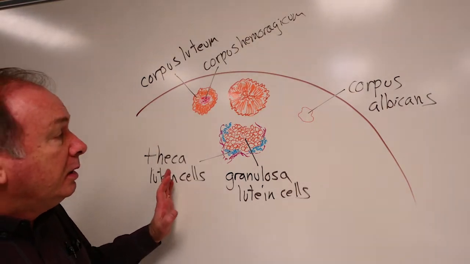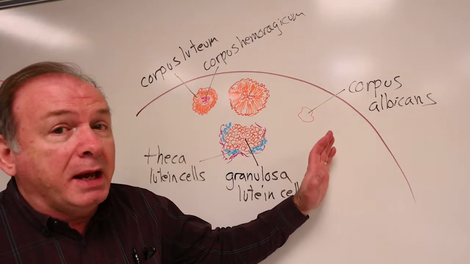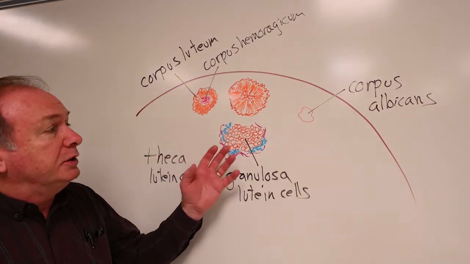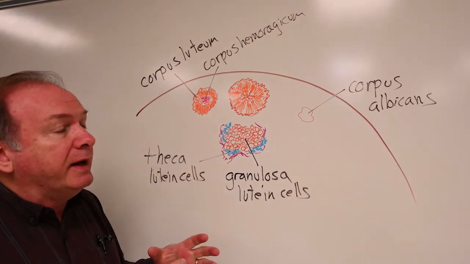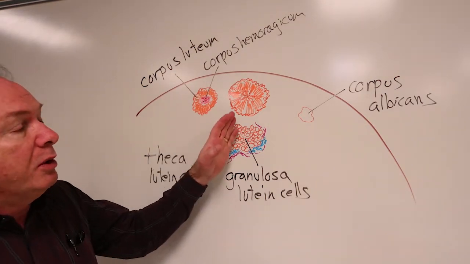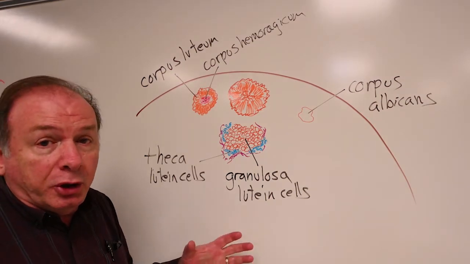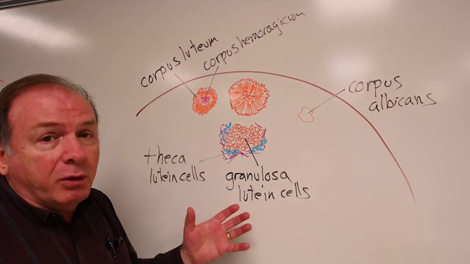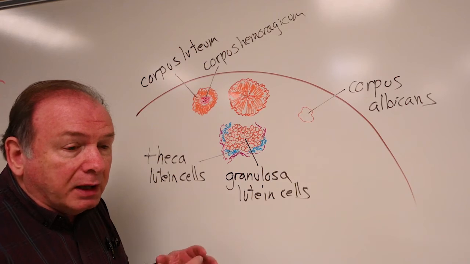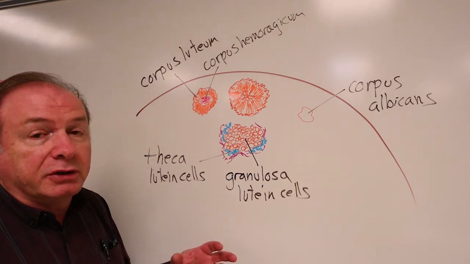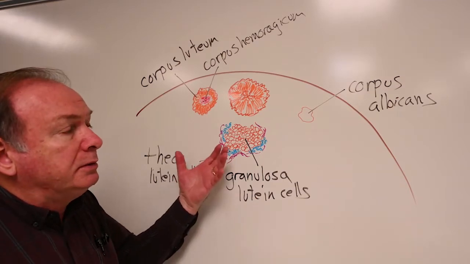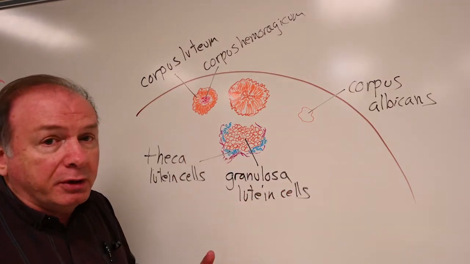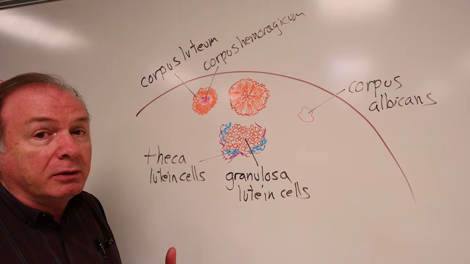Now, we've seen what happens with the remains of the follicle tissue here, but not all of our follicles that begin to develop in the ovary are going to go through and mature and release the oocyte. Some of the follicles, after they start to develop, they stop. Usually there's only one of the follicles that reaches maturity in each hormonal cycle.